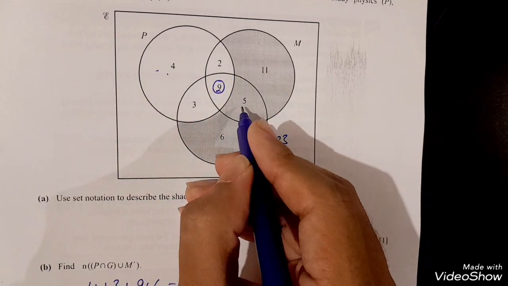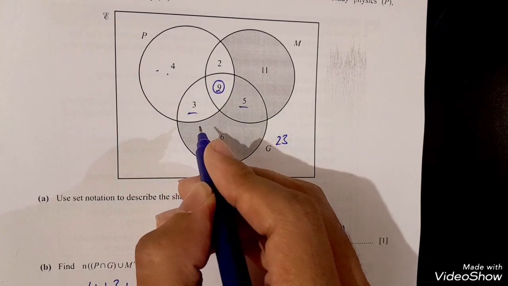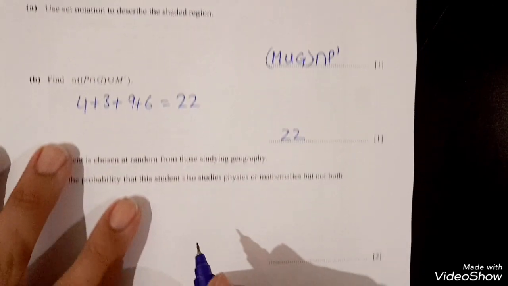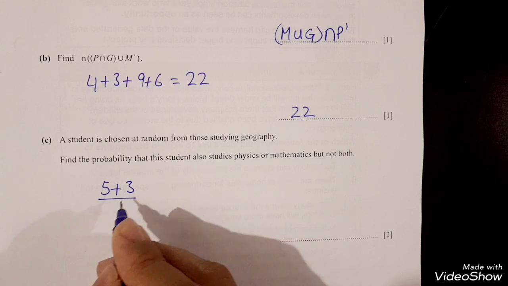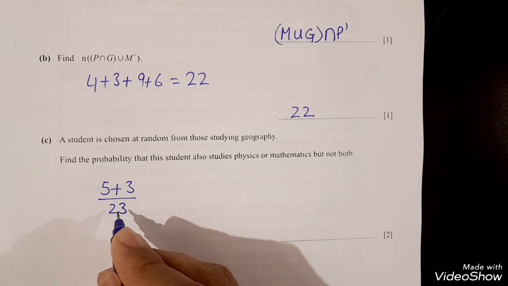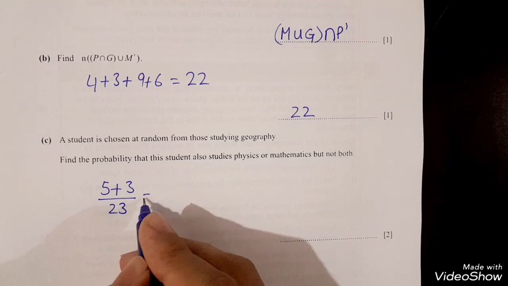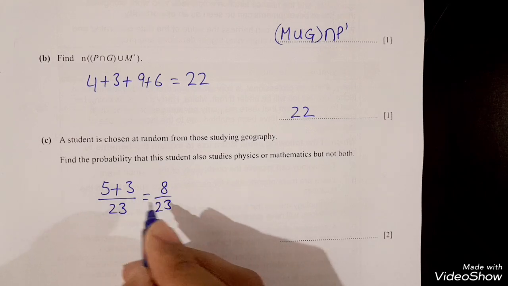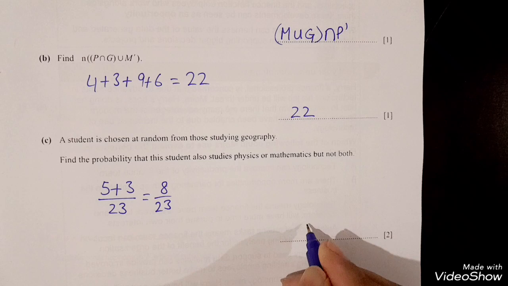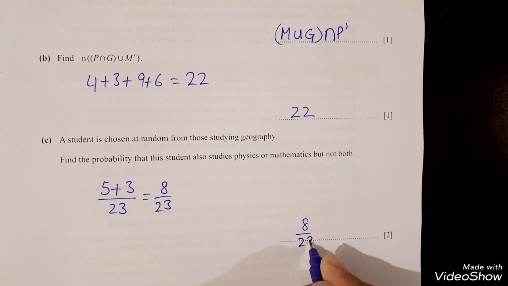So this will be 5 and 3 out of the total number of students. So we will write 5 plus 3 divided by 23, which is the total number of geography students. So this will be 8 over 23. So the probability will be 8 over 23.